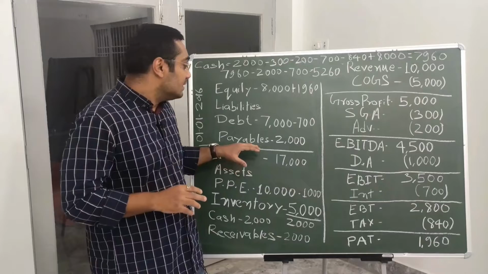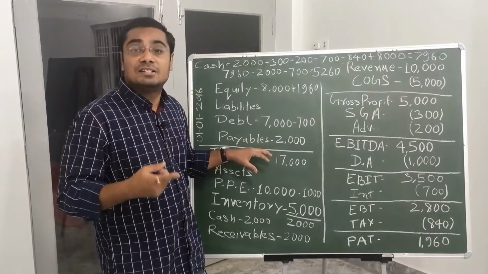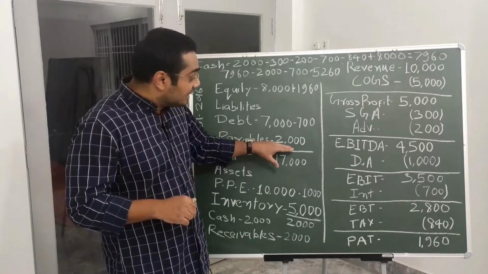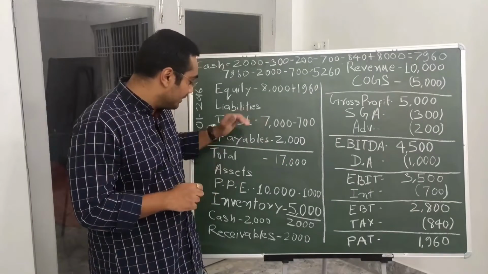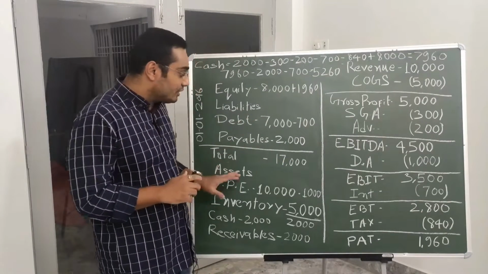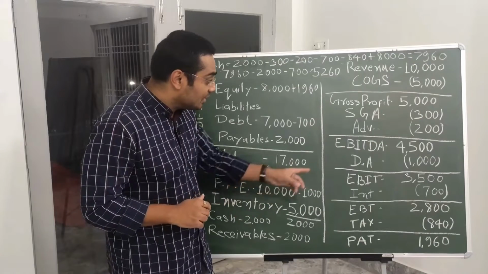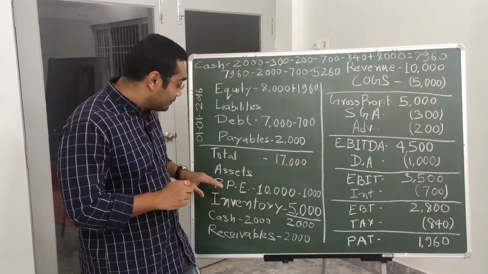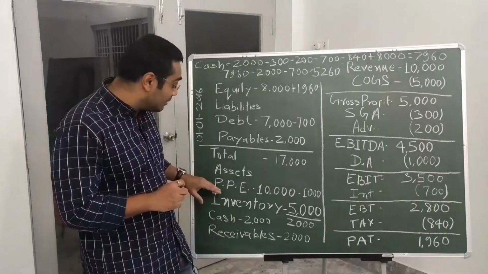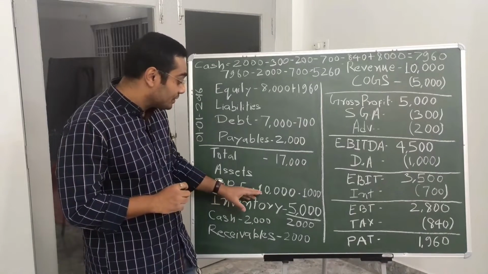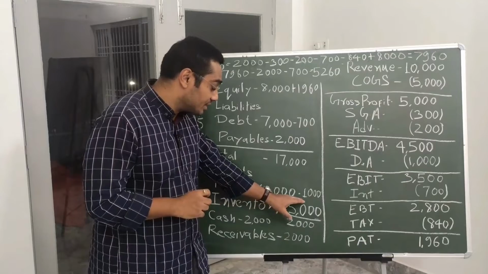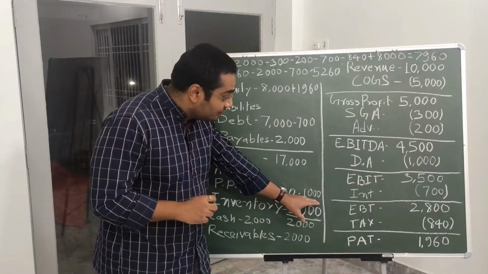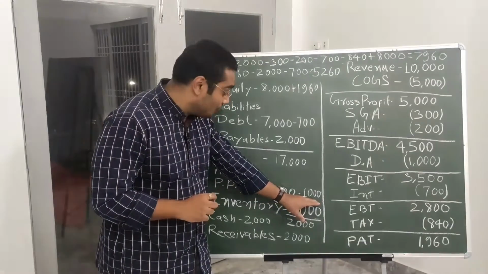Payables, we assume that the company has recycled its payables and it has maintained the same position in terms of payables. Okay, now we look at assets. We have already depreciated our asset by 1,000 rupees. Now for the next balance sheet, we would record our property, plant and equipment as 9,000 rupees: 10,000 rupees this year, deducting the depreciation amount of 1,000.